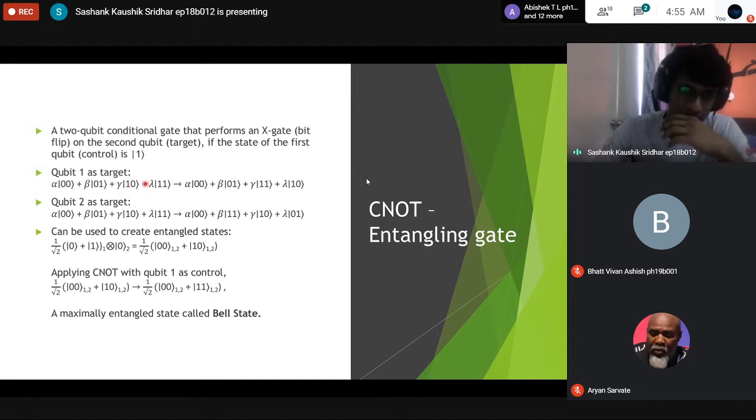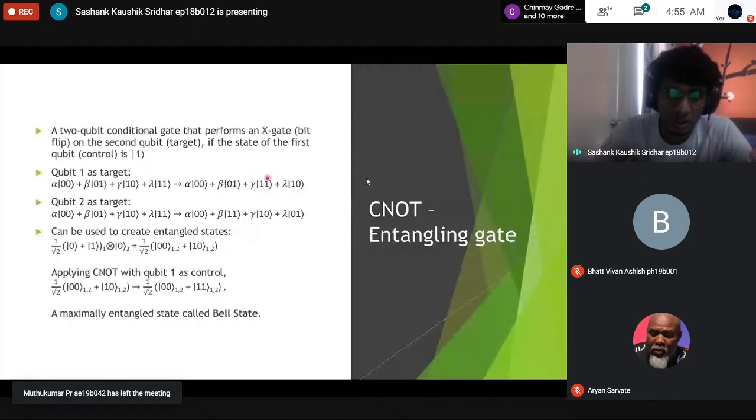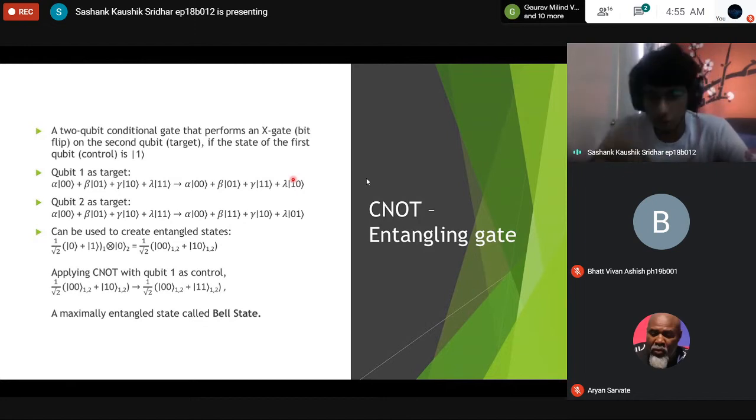And if this qubit is a 1, then it flips the target. So you have 10 here, it becomes 11 here, and you have 11 here, it becomes 10. So depending on the state of one qubit, whether it's a 0 or a 1, it acts as a control to the state of the other.